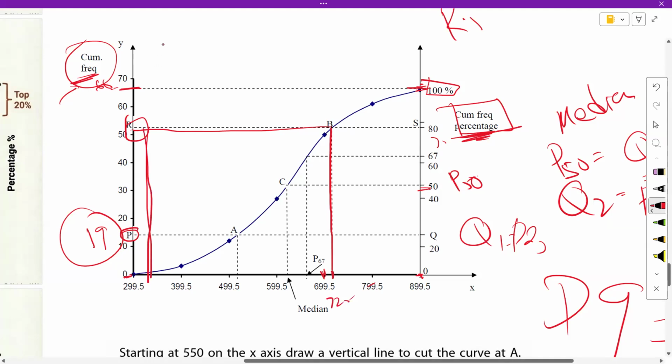We know that there are 66 employees in total, and up to this point it represents how many employees traveled up to here. So this gap represents the employees who traveled more than 725.